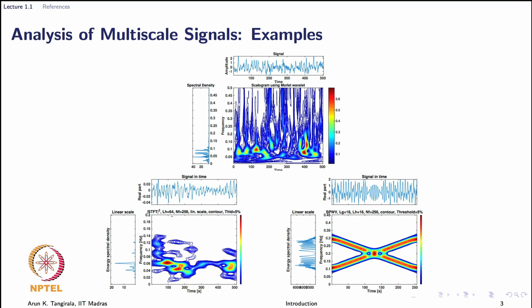So, the 3 predominant tools that we are going to consider here are illustrated for you in the context of analysis of multiscale signals. What you have in each of these plots is 3 panels where the top is the time signal itself, that is the time series, and on the left panel you have the spectral density giving you the frequency content.